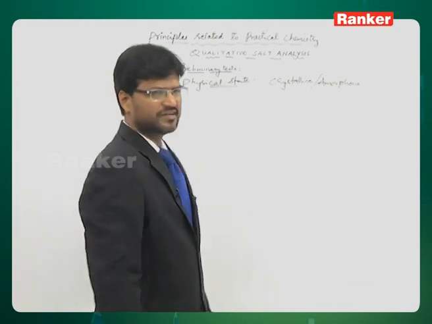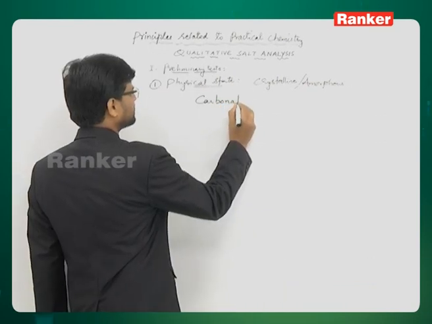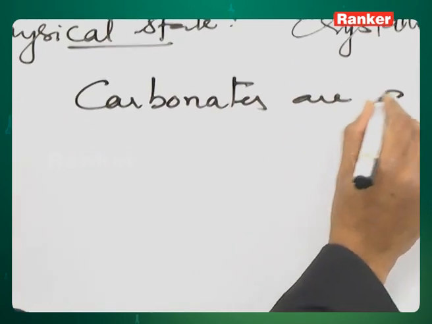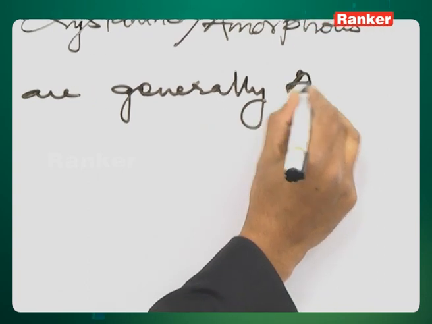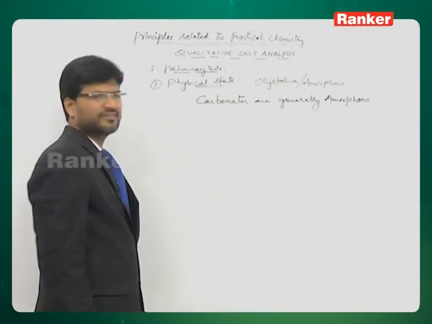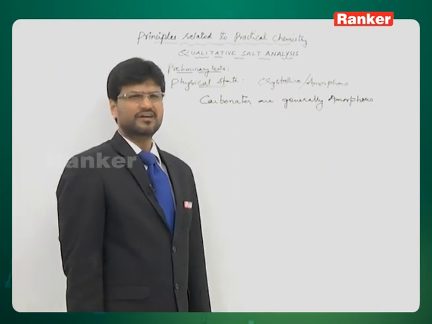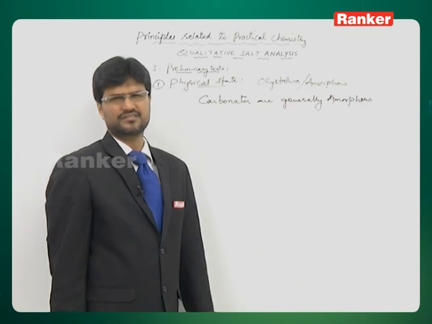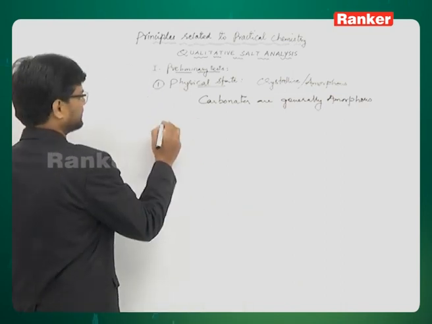Just remember that carbonates are generally amorphous. So, if your salt is amorphous, then it is more likely that it is a carbonate salt, otherwise it can be other than a carbonate salt. That is about physical state.